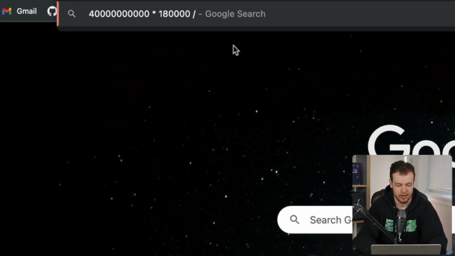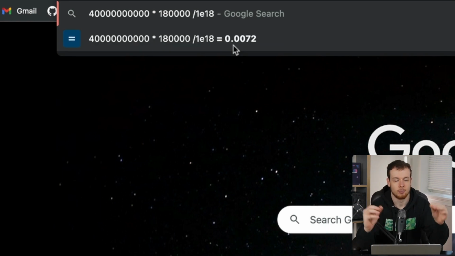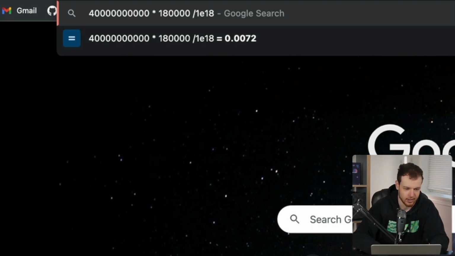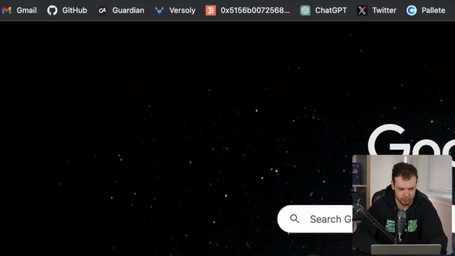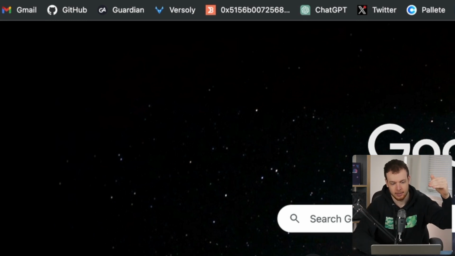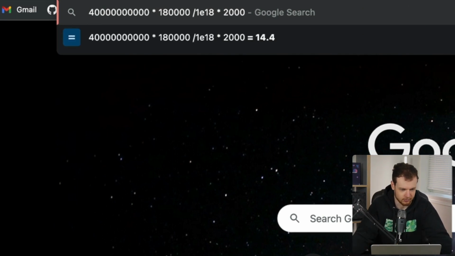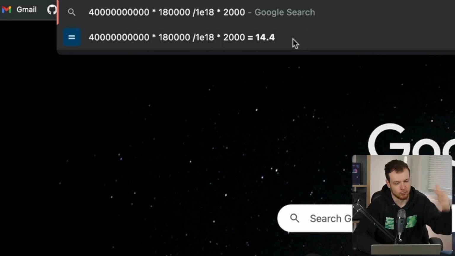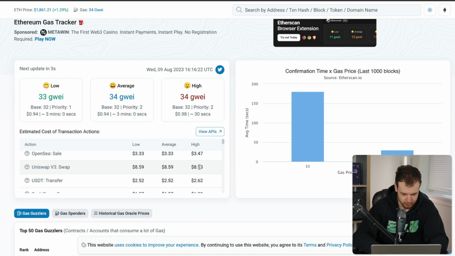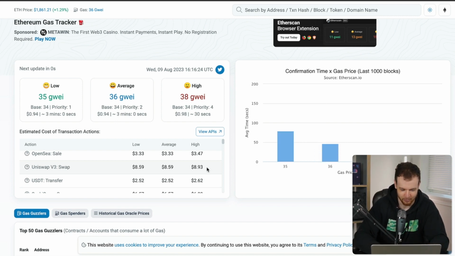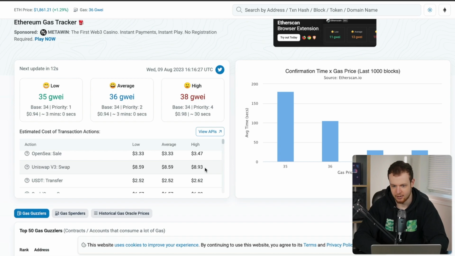If we divide that by 1E18, that's the number of actual ether we're going to have to pay for this transaction. As we increase this 40 Gwei number, this gas price, which is the net of the base fee plus the priority fee, we're going to be paying more, and so we're going to get recorded earlier on. If ether is worth $2,000, which I'm not sure of right now since I don't check the price, this would be $14, but ether must be doing a little worse now, so it's actually around $8 or $9 here.